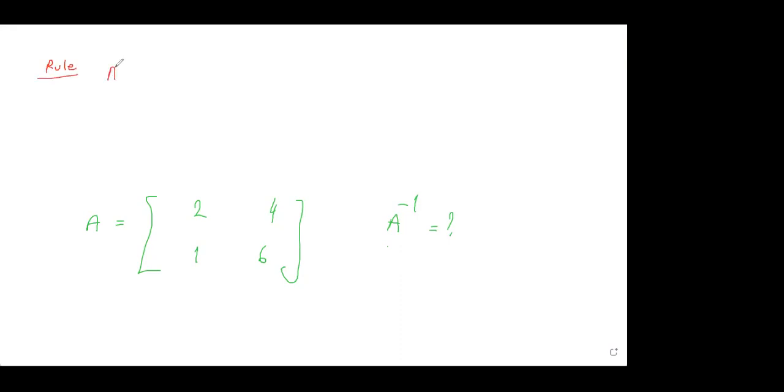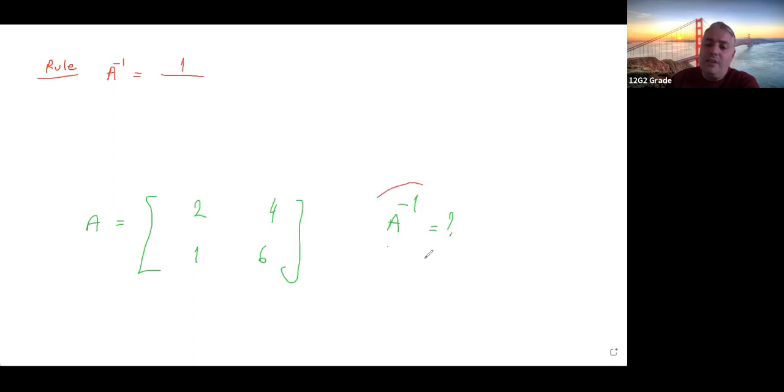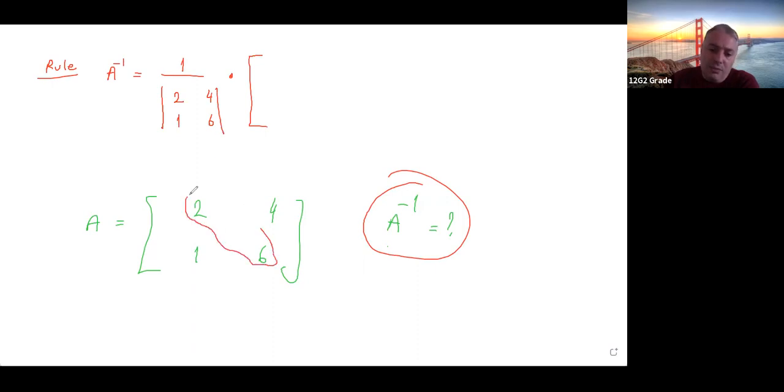We're finding the inverse of A. To do this, we can use 1 over determinant of A multiplied by, be careful, what? We change the position of 6 and 2, and then we put negative 4 and negative 1. This is the rule. Am I right?